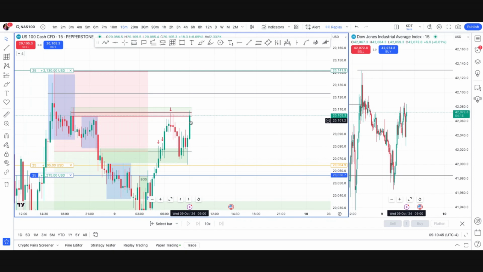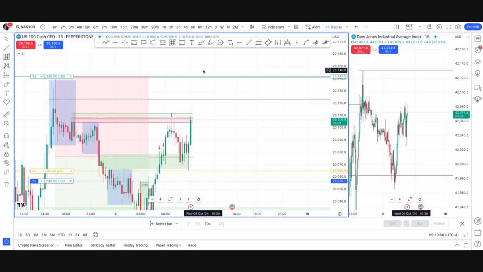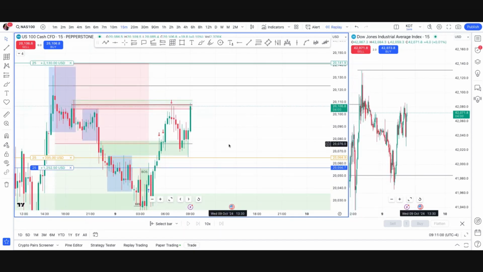Now, could it possibly happen? Yes, because we are coming closer to the 9:30 open, and the 9:30 open of the stock market wants to grab liquidity. There are two forms of liquidity over here. There's one on top, which is above that high, and there is one below this low, which is everybody who made money on this move up.